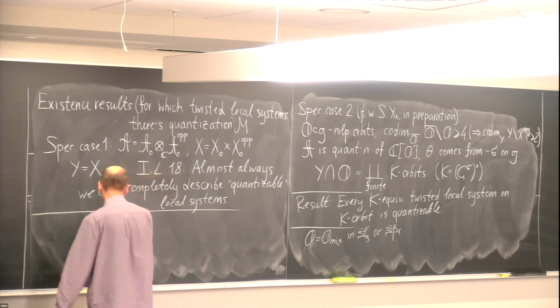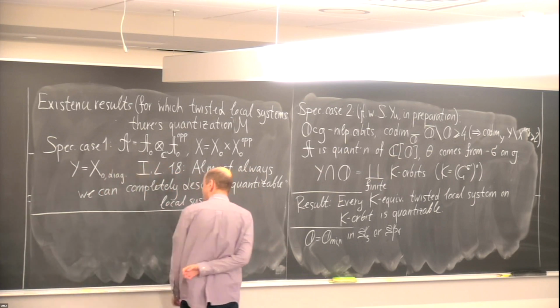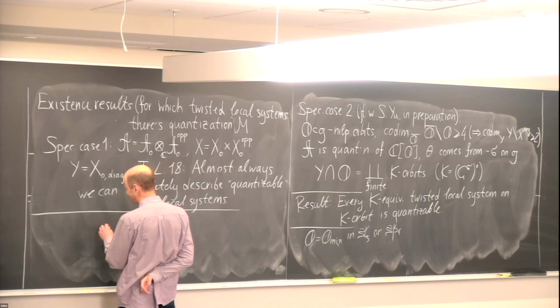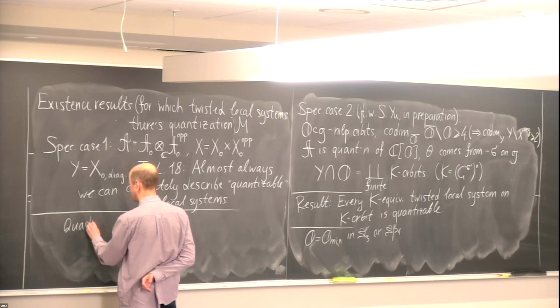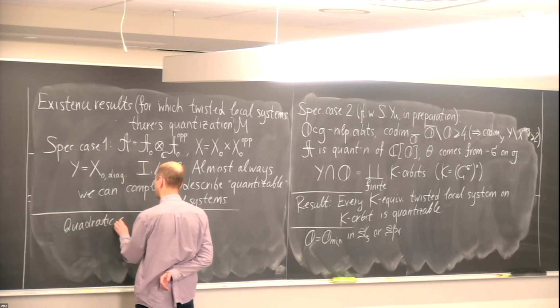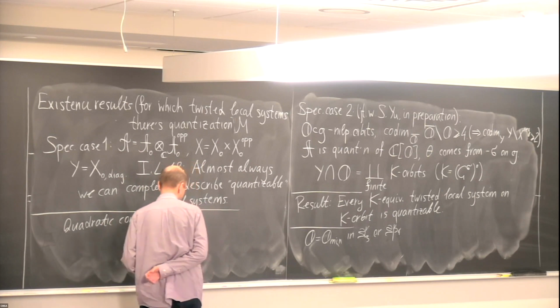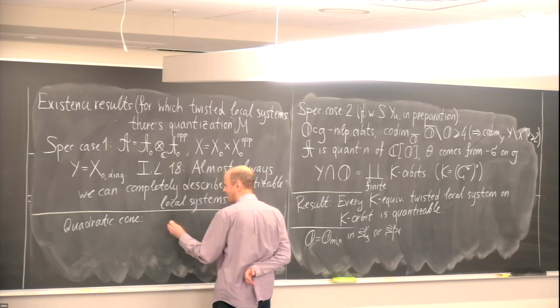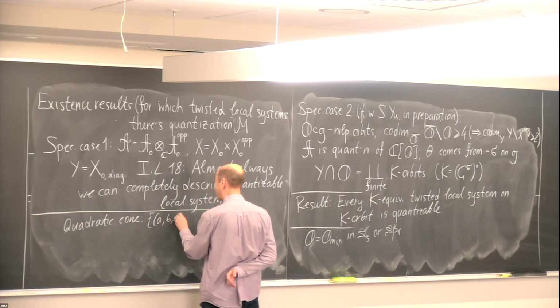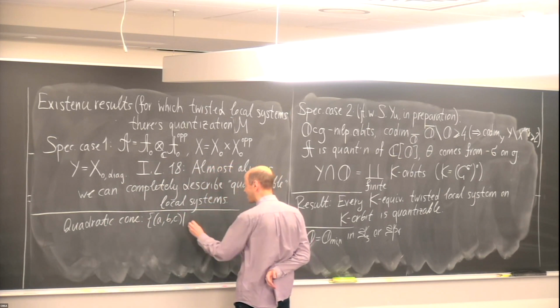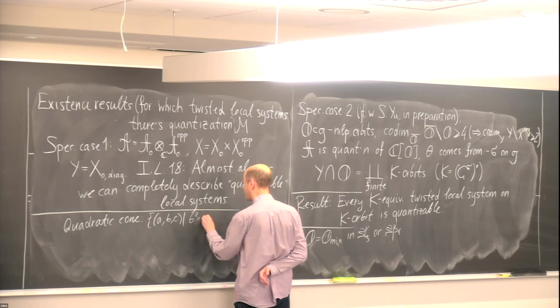So you already kind of see it when you deal with the quadratic cone. Let me try to recall the equation. I think it's a, b, c, and the condition is something like b squared is equal to ac.